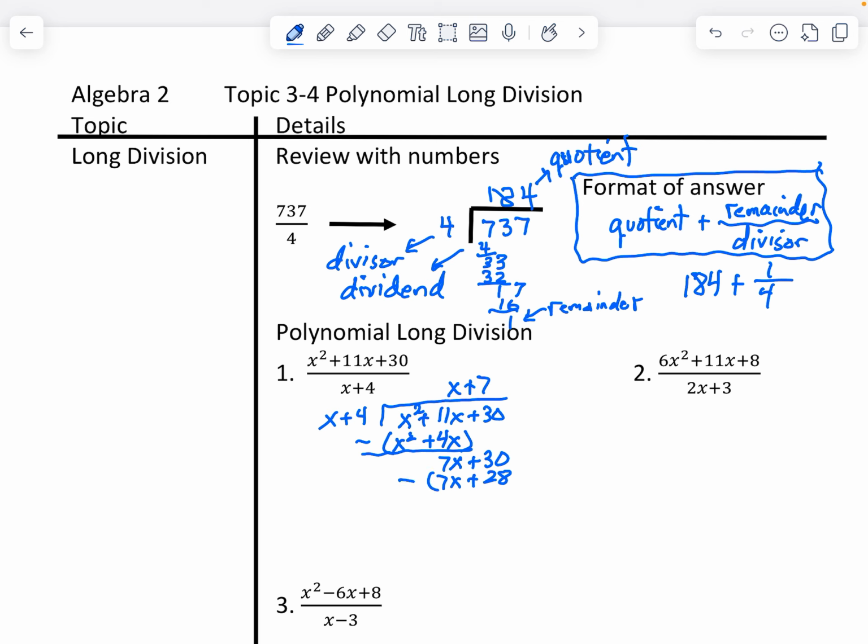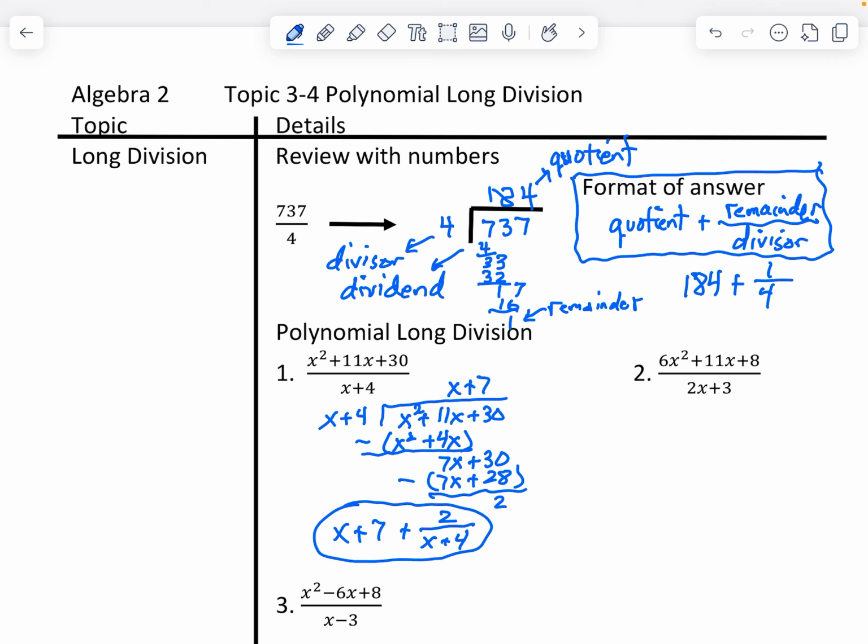We're going to subtract those. 7x minus 7x is gone. 30 minus 28 is a 2. So we get a remainder of 2. So our final answer, when we write this out, will be the quotient, x plus 7, plus the remainder, 2, over the divisor, x plus 4. That's how we write the answer to that polynomial long division problem.